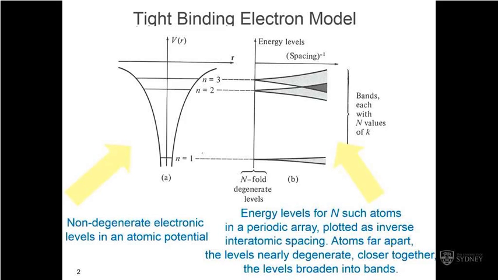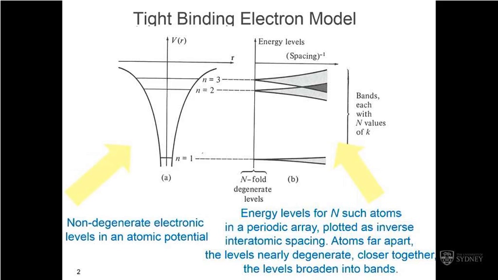So this is for a single atom. They're non-degenerate electronic levels here. Now, when you start bringing lots of those single atoms together, over here, if they're far apart, we still have the discrete levels. But of course, instead of just 1, they are now degenerate because you've got N atoms.